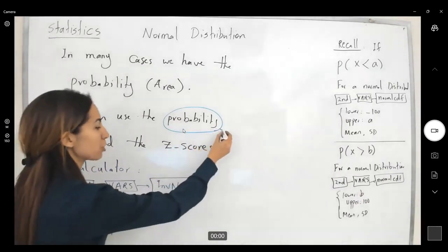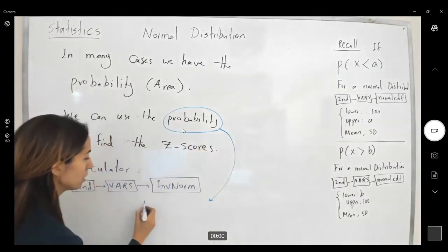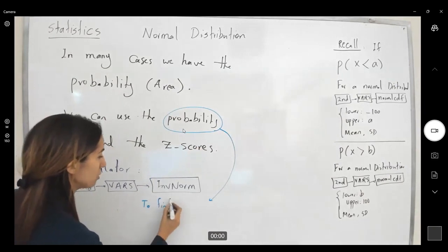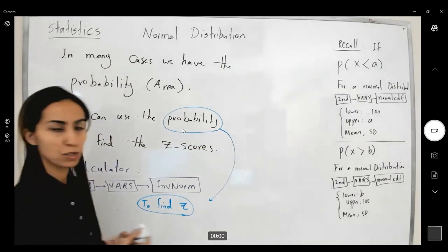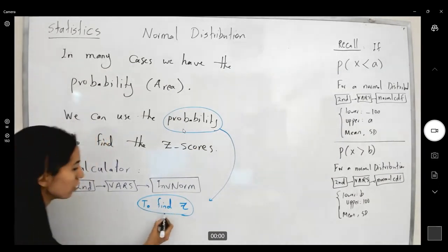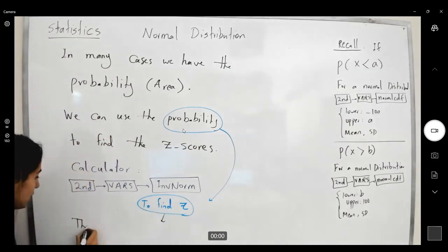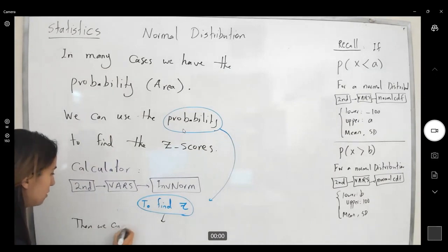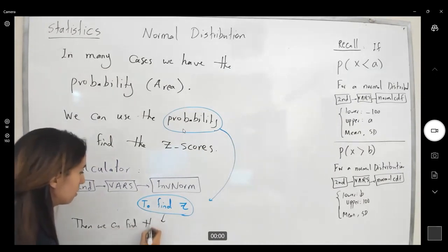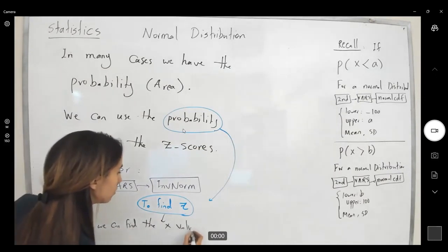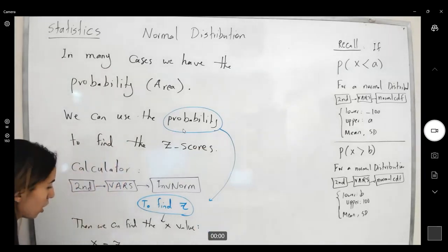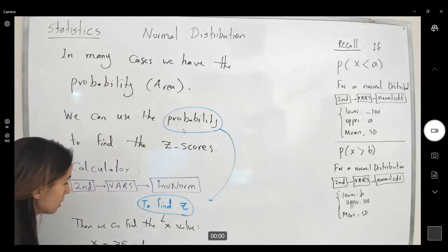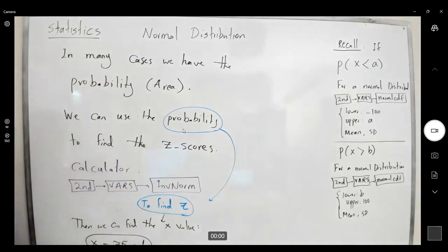You can use the probability to find your Z. After you find your Z, then you can find your X value. Well, X value becomes Z times sigma plus mu. So these are the steps that you're going to take.